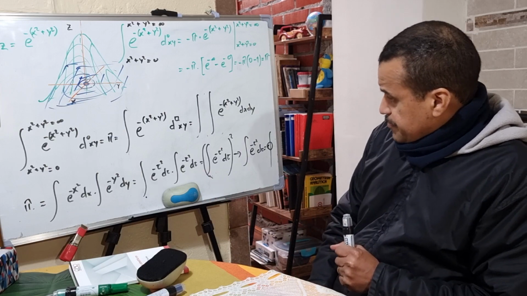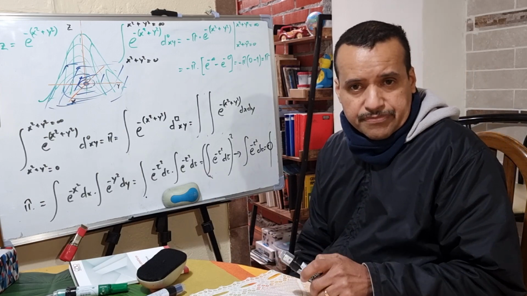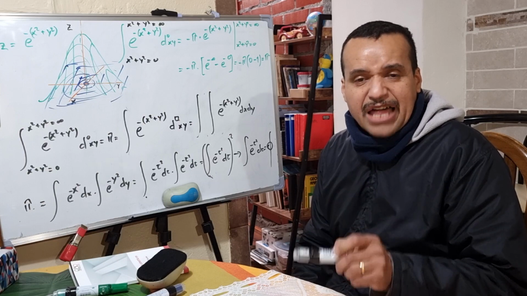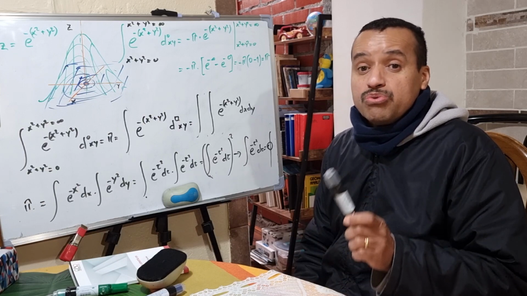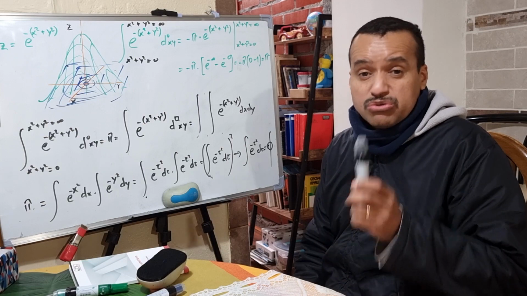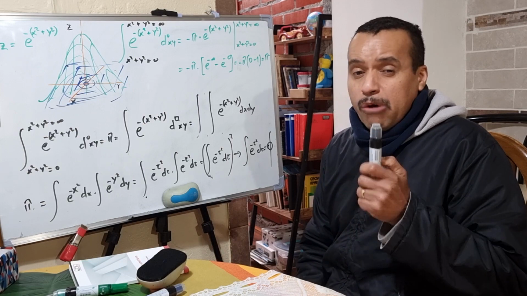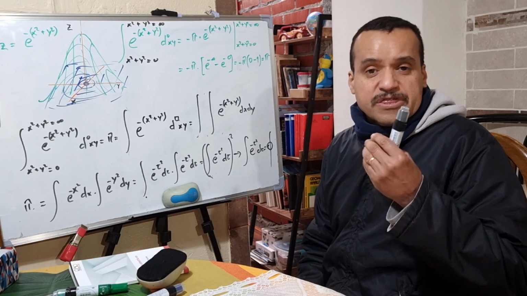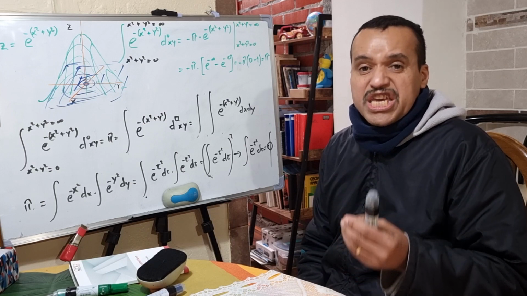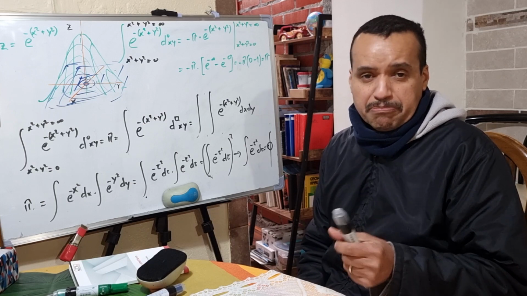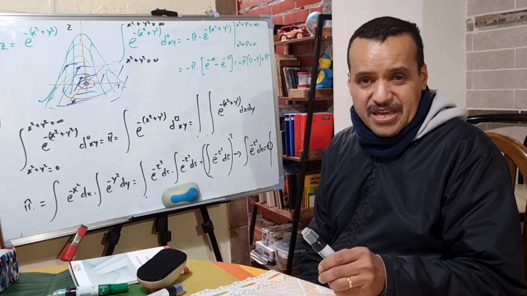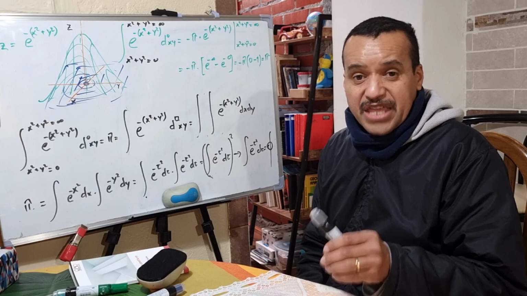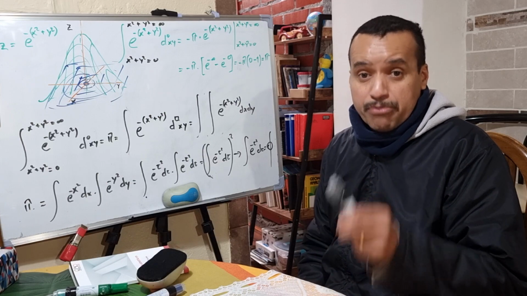Then in the next video we're going to see another amazing result. We are going to calculate our first differential equation in three-dimensional space. It will be nothing else and nothing less than the gravitational problem.